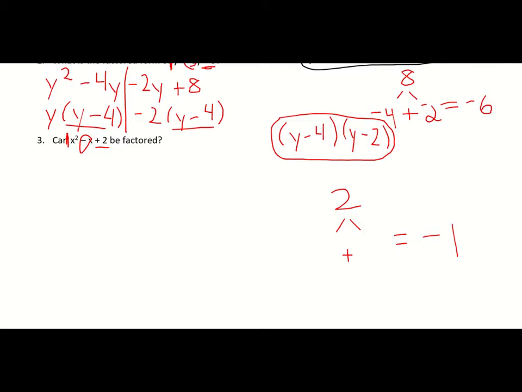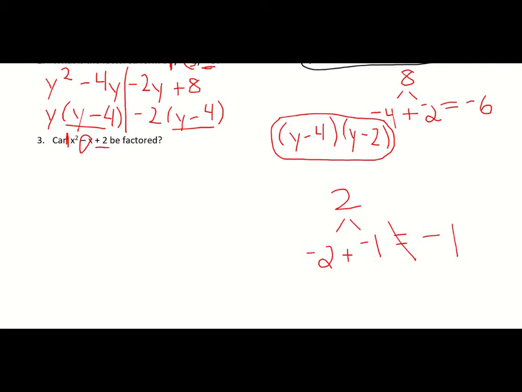Well, to multiply to 2, both numbers would need to be negative, and the only two numbers that multiply to 2 are 2 and 1. So -2 times -1 gives me +2, but they do not add to -1.